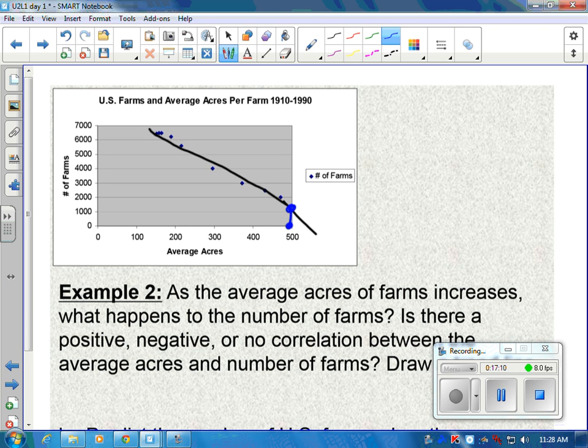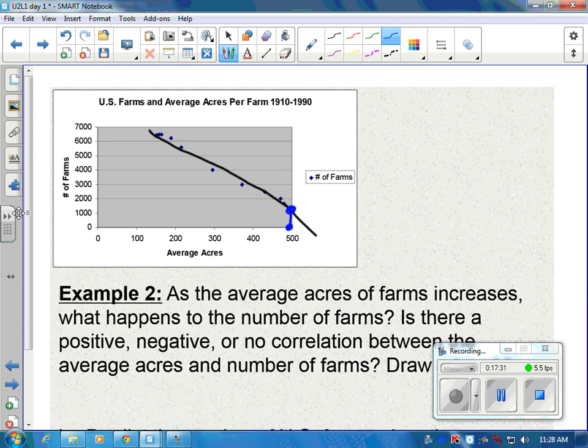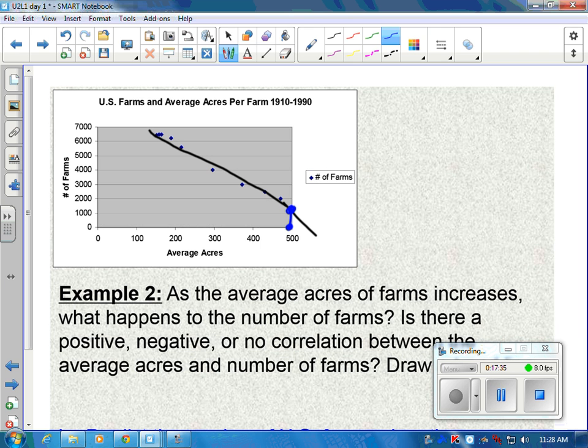It just depends on where you draw your trend line. Yeah, still a lot of farms. So if you have 500 acres of farm, you're going to have about 1,000 to 1,500 farms that are that acre. So we just use our trend line to find when my X value is 500, what is my Y value on that trend line.